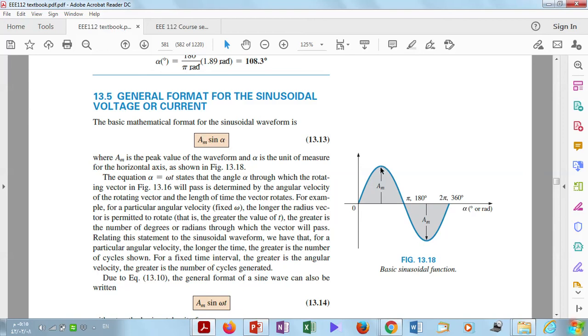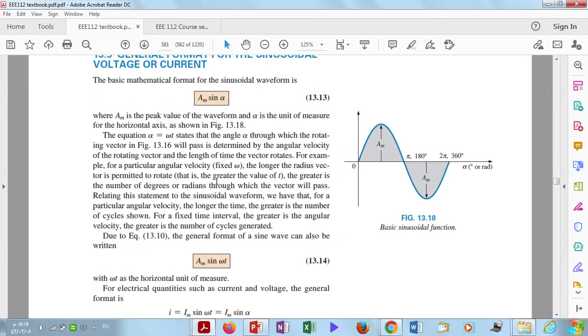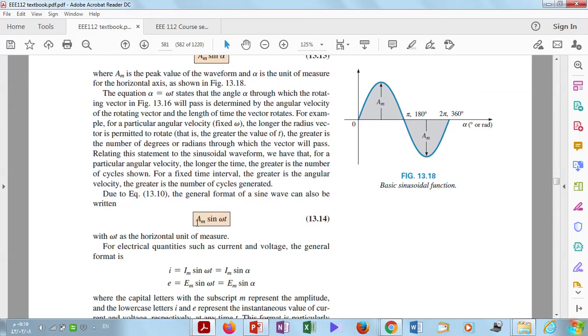Assume the peak here is 10 volt or 100 volt or 20 ampere, depending on whether we have current or voltage. Am sine alpha, and we know alpha equal omega t. Then we can write another format, Am sine omega t, similar, depending on your question.